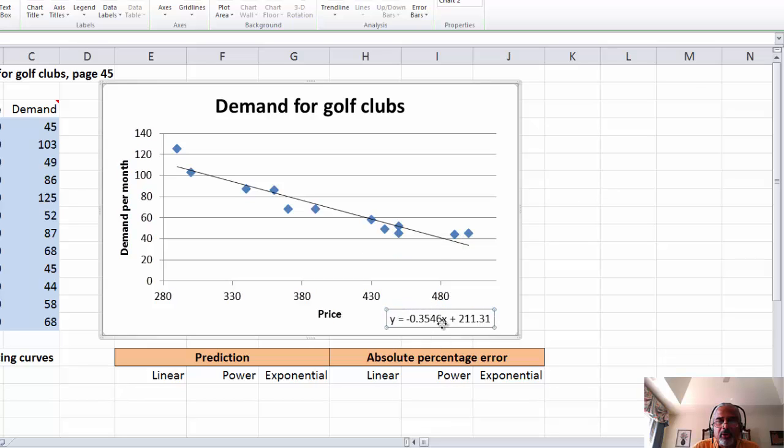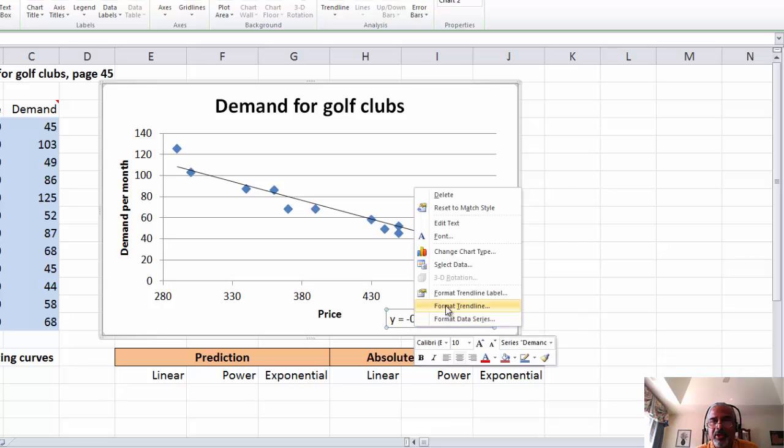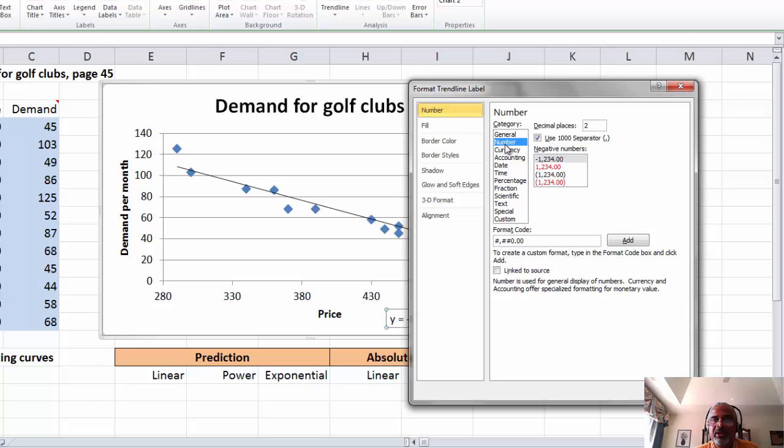Now we may want to set the number of decimal places to be quite significant, because when the numbers are small and you round too much, you're not going to get accurate answers. To increase the number of decimal places, make sure that this box is selected, put the cursor on it, right click, and go to format trend line labels. Select that, and here you select the number. Let's say I want 5 decimal places.